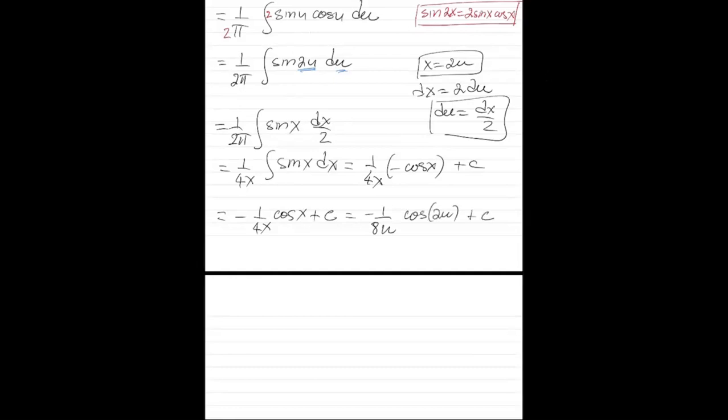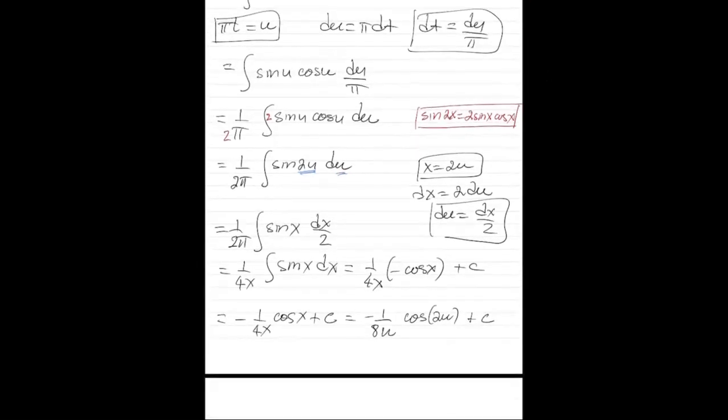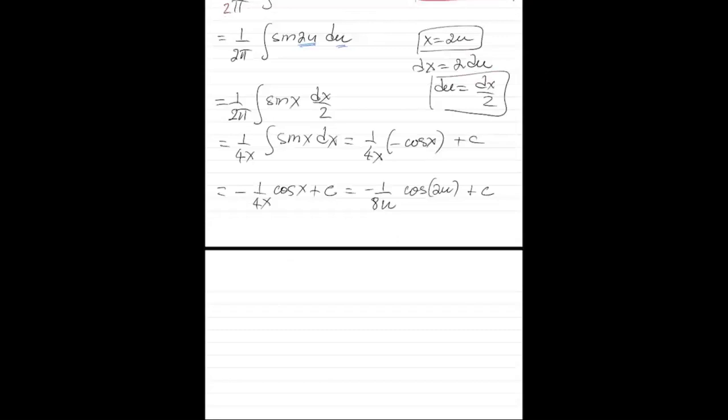And now we have to go back to what u was. And u was pi t, so negative 1 over 4 cosine of 2 pi t plus c.